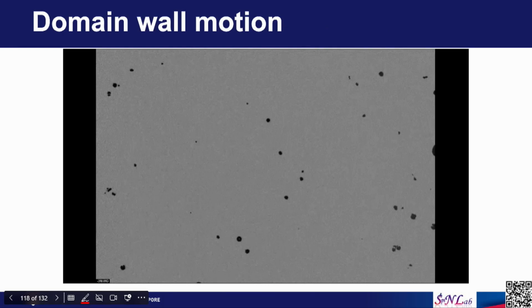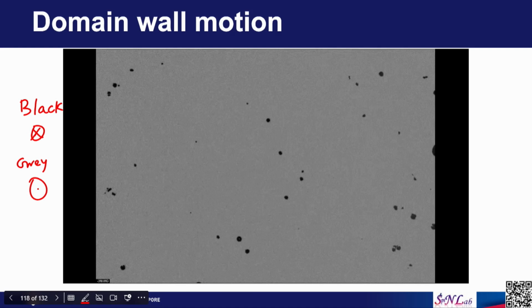You can observe this in this video. Let us say black means the magnetization is going into the board, and gray means the magnetization is pointing towards you.